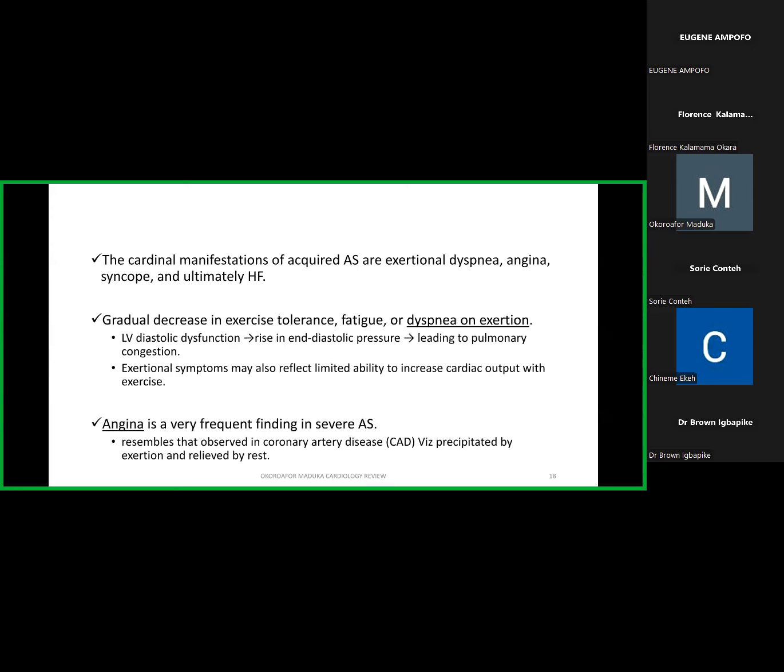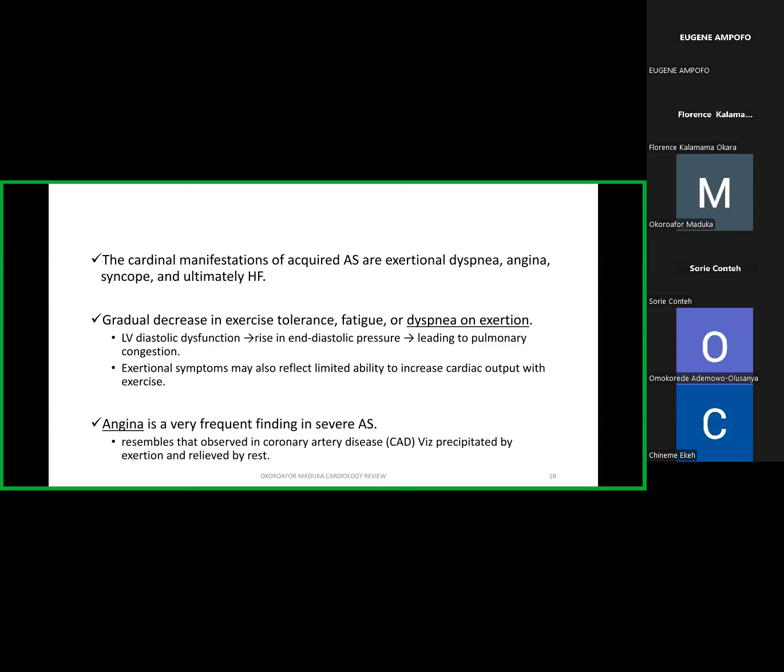The cardinal manifestations of acquired aortic stenosis are dyspnea, angina, syncope, and ultimately they could develop heart failure. So there could be gradual decrease in exercise tolerance, fatigue, or dyspnea on exertion. The left ventricular diastolic dysfunction leads to a rise in end diastolic pressure, leading to pulmonary congestion. This is what I tried to talk about in the pathophysiology.